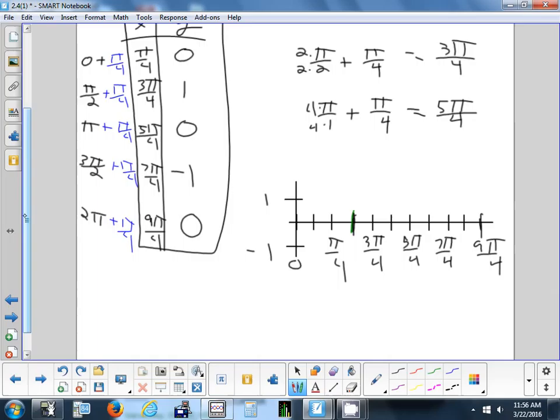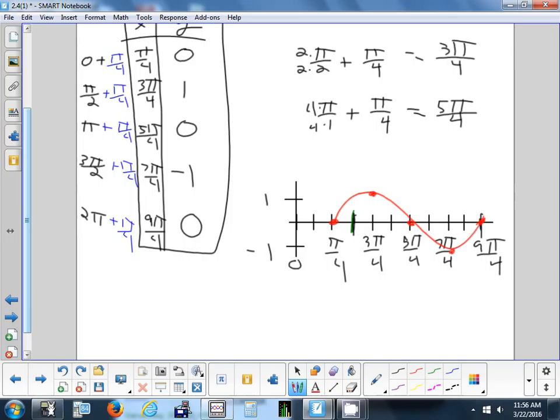And graph it. All right, so pi over 4, we are at 0. 3 pi over 4, go up to 1. 5 pi over 4 back to 0. Negative 1, which unfortunately is right in the middle of my label, but hold on. And back to 0. And connect it.